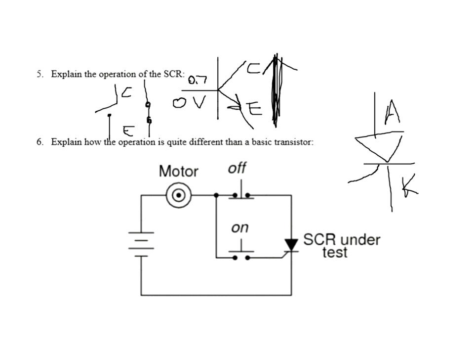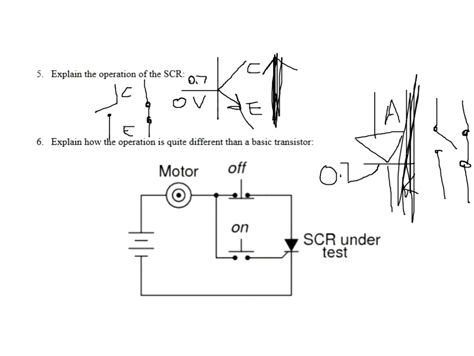When I start off, if the device is off, if the SCR is off, and there's no voltage on the gate, between the anode and the cathode, it's open. But remember, that's where all the current's going to flow, in the anode and the cathode. Now, I can turn that anode and cathode on by applying 0.7 volts to the gate. When I do that, the SCR turns on, and all the current flows.